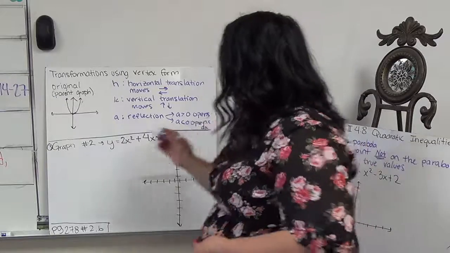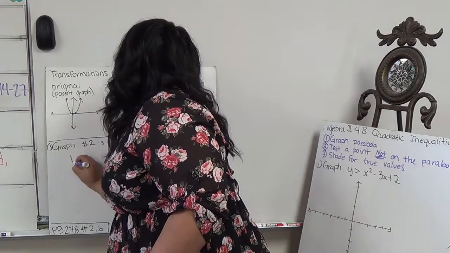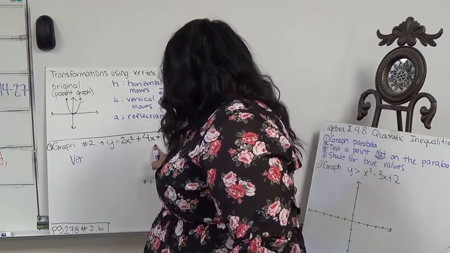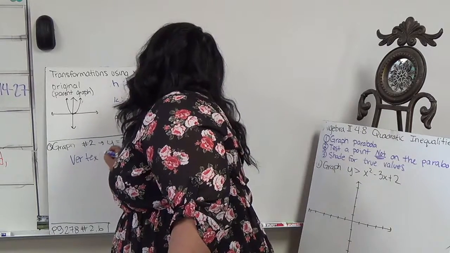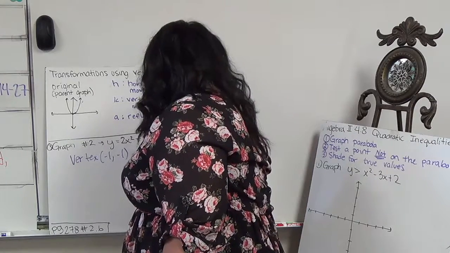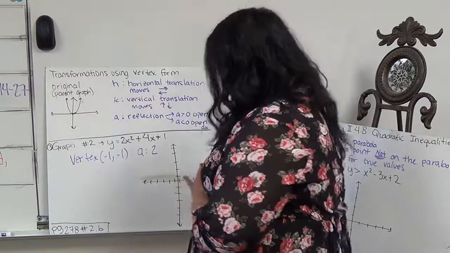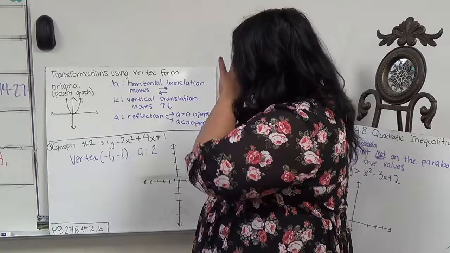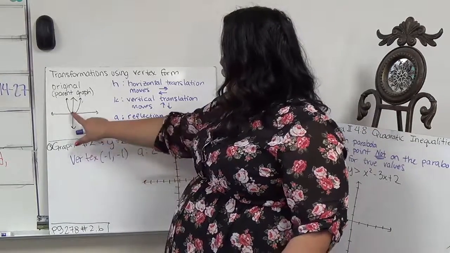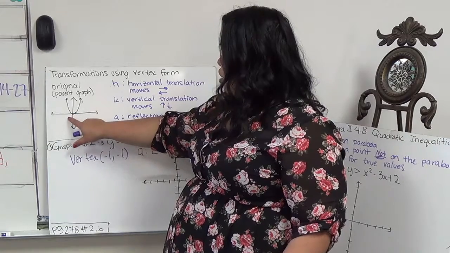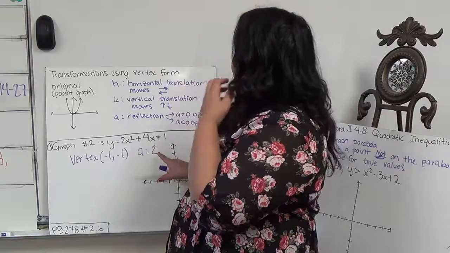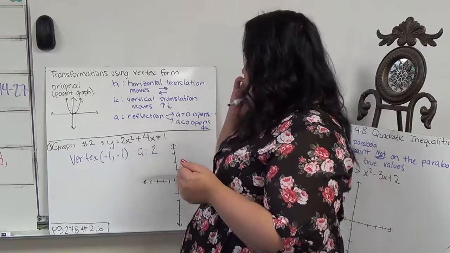So if this one is the same equation from number 2, our vertex is -1, comma -1, and our A is 2, right? So this means that if I took this parent graph, I would move the vertex back 1 and down 1, right? And A tells us that it's positive, so it opens up.